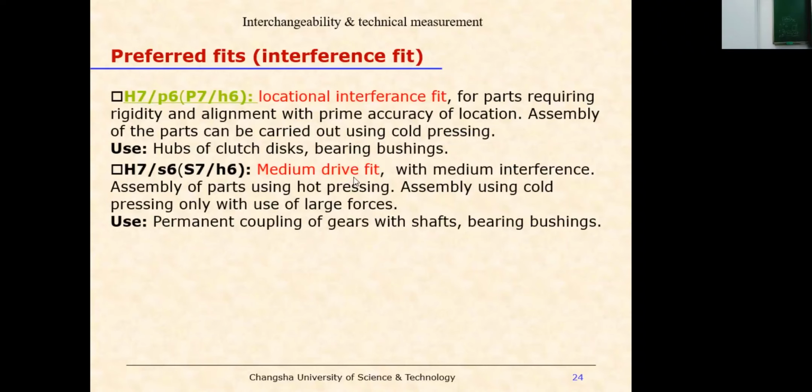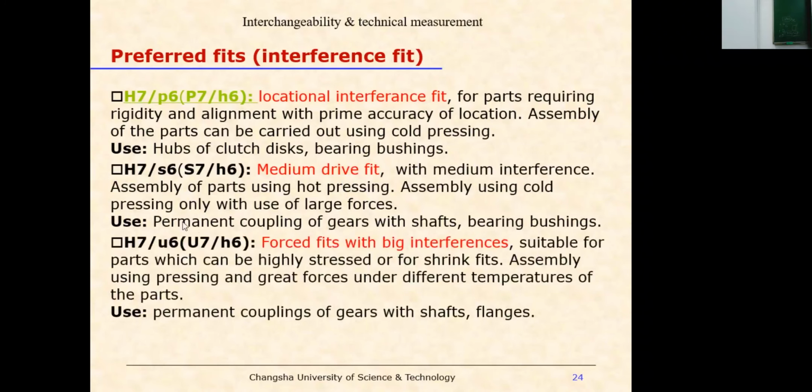Middle drive fit, for the transition fit with a large force. Permanent coupling of gears with shaft. So in this one, we don't need to disassemble that, right? It's a permanent coupling of gears with shaft, bearing, bushes.